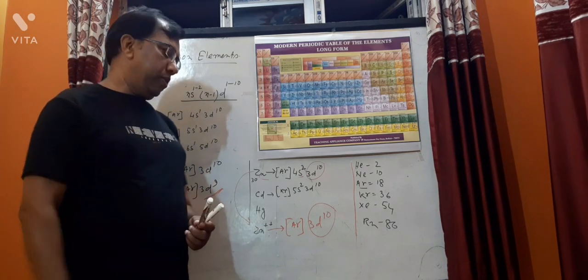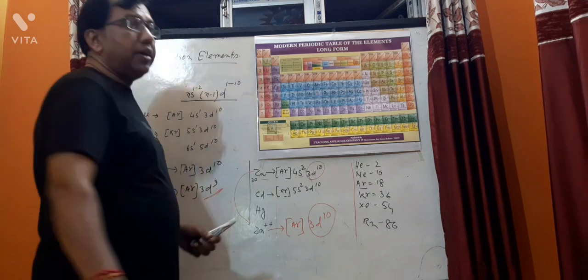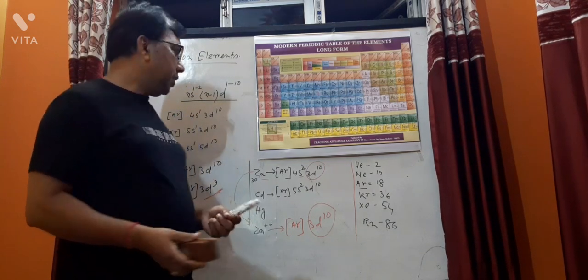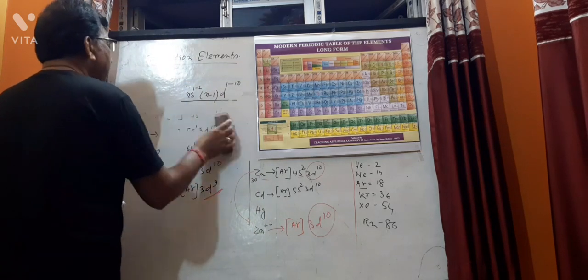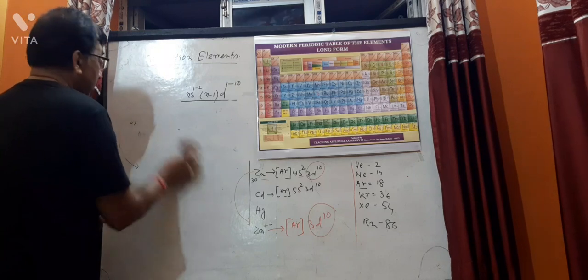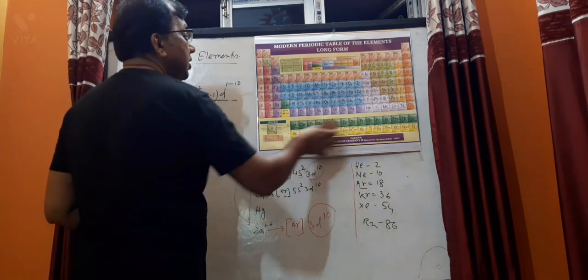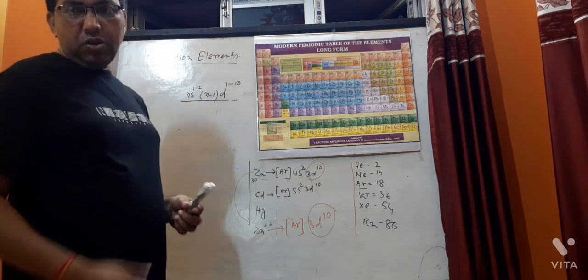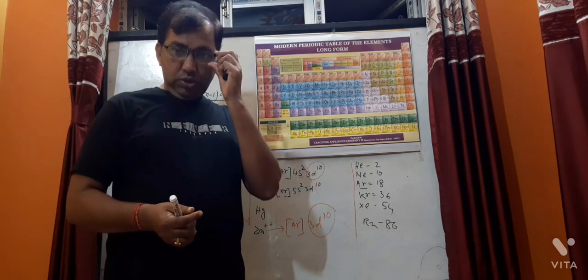Inner transition elements. See, inner transition elements, then noble gas elements. Inner transition elements are f block elements. What is the difference?